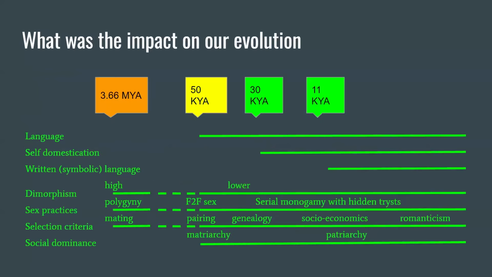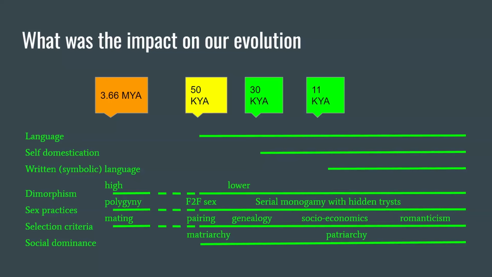All of those things. So if you look at the timeline, you can see now we went from high dimorphic to lower dimorphic. We went from at least polygyny to serial monogamy with hidden trysts. We went from just mating as a selector to pairing, to genealogy as something involved in sexual selection, to socioeconomics as something involved in sexual selection, to romanticism.